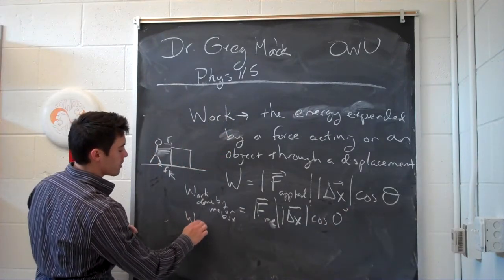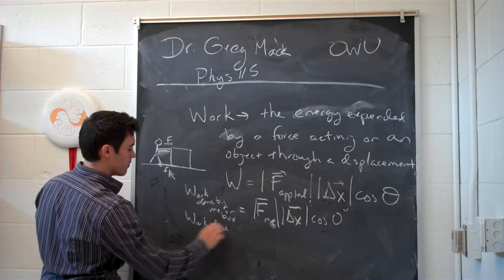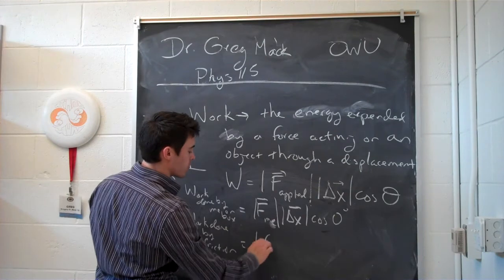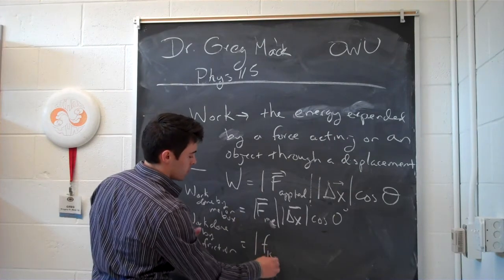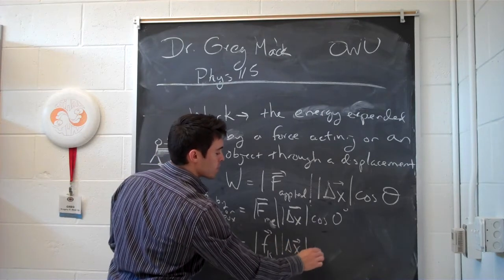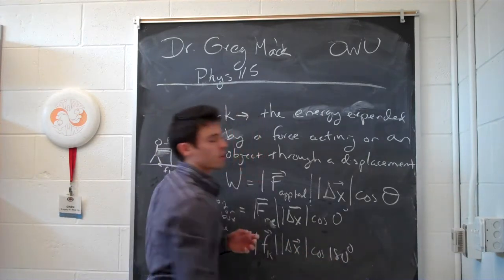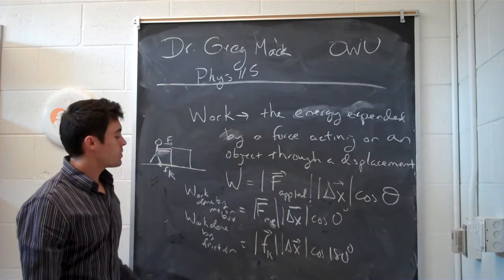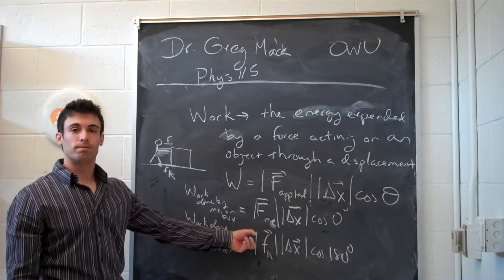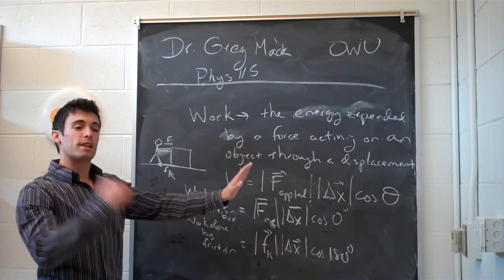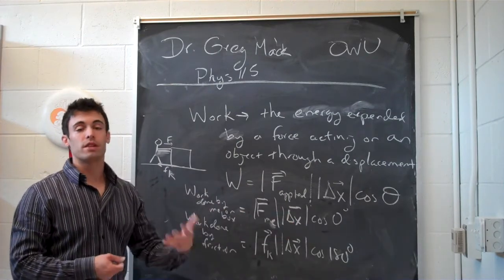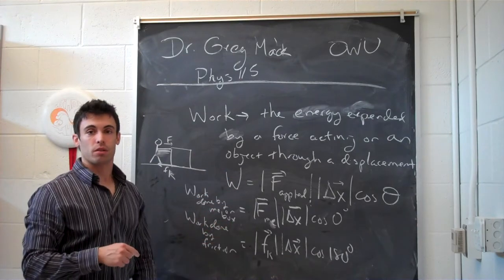And then the work done by the friction will be the friction force, because that's the force doing the work in that question, times delta x, times the cosine of 180 degrees, which is -1. And so the net work that the box is experiencing would be this one plus this one. So we have a positive work going to the right, a negative work going to the left. When you add those together, because the box is moving to the right, you should end up with a positive work going in that direction.